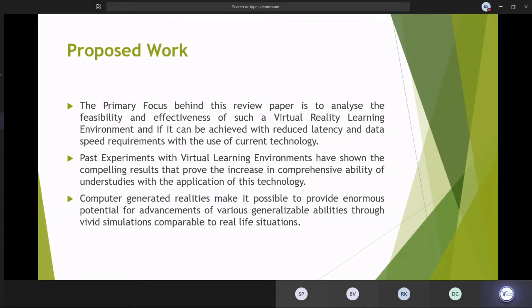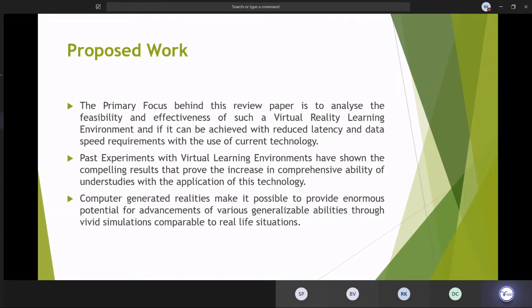Many of the past experiments that have been done on virtual learning environments have shown compelling results that prove the increase in comprehension ability of the various users that use this technology.